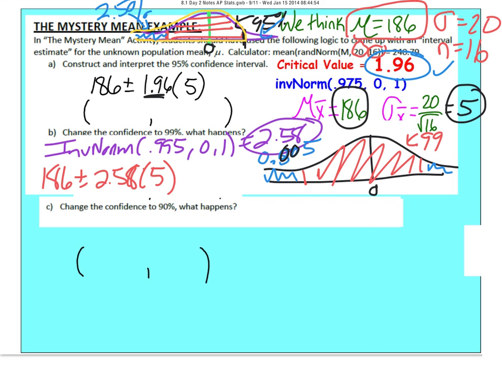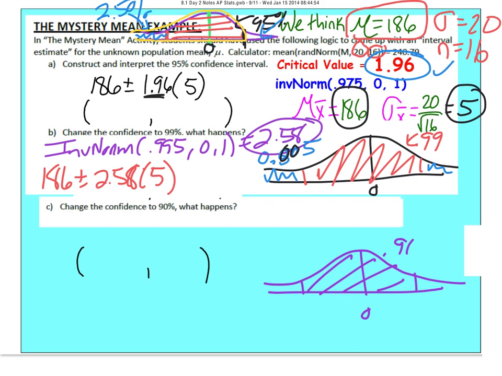Folks, for 90%, it's going to work the same way. Let's just visualize it though. For 90%, we want 90% of the curve. That means there's 10% left over. To equally divide 10% amongst 2 tails means there's 0.05 in each. So when you add these together, you actually are going to do an inverse norm of 0.95, 0, and 1.